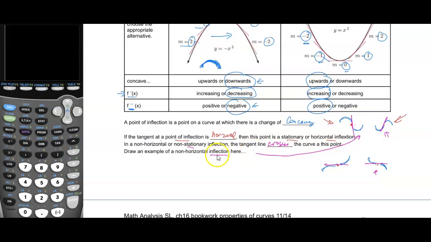I wrote something that's kind of misleading here, because notice that in every single case, even the horizontal cases, the tangent line crosses the curve at the inflection point and goes through the curve. Normally, we're used to seeing tangent lines just hug the surface of the curve without crossing it. But you can see here that when you have an inflection point, it actually crosses the curve. That's it.